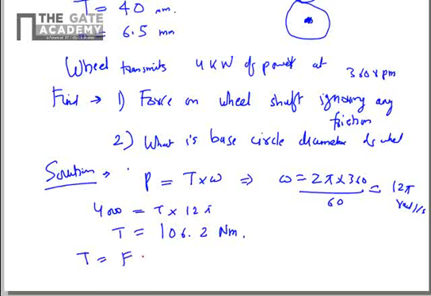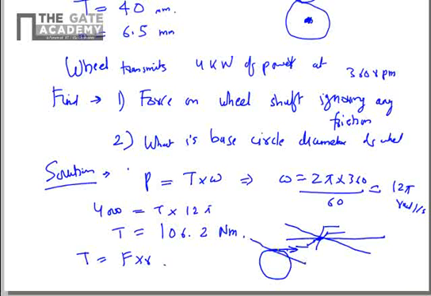Now the torque is given as force into radius. If you consider the gear profile, the engagement, there is a pressure line which is at an angle to the common tangent for the pitch circles. From the torque point of view, you need the force along the common tangent.